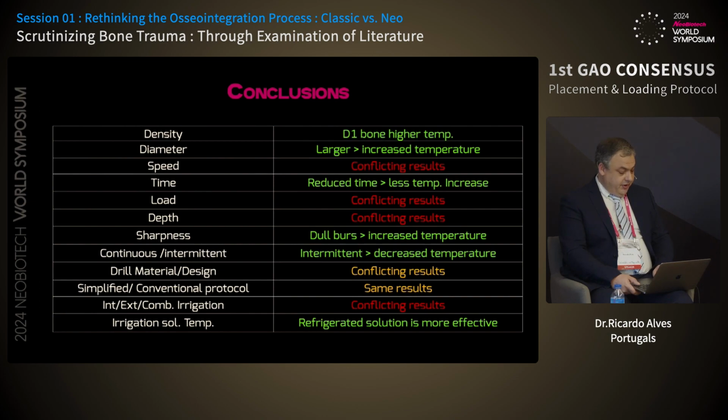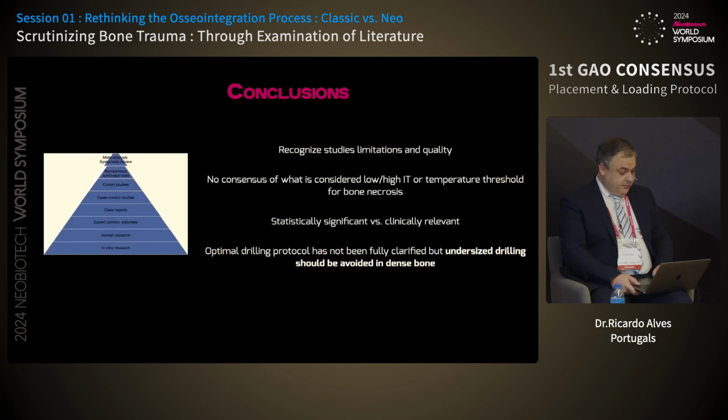Regarding the drilling protocols, there is no difference, but it is in orange because, as I said before, I don't recommend it. Regarding irrigation, we know that external irrigation with a cooled saline solution works well, but some studies find better results with internal. So, we must recognize that although we have some studies, we have a low level of evidence.